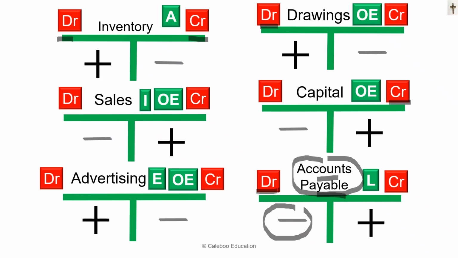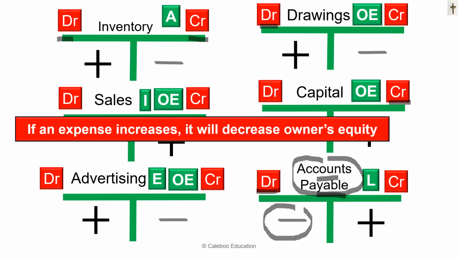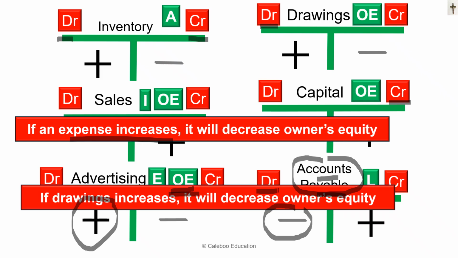So this here is another explanation of the rules. And this catches people out. I'll point it out as we go along. If an expense increases, it decreases what the owner is worth. If drawings increases, it decreases what the owner is worth, owner's equity.